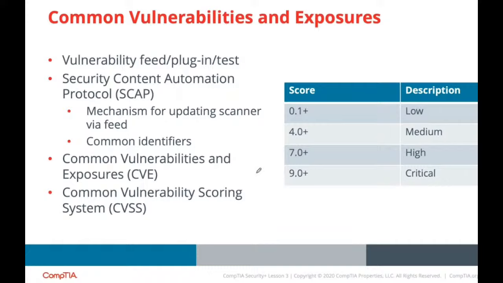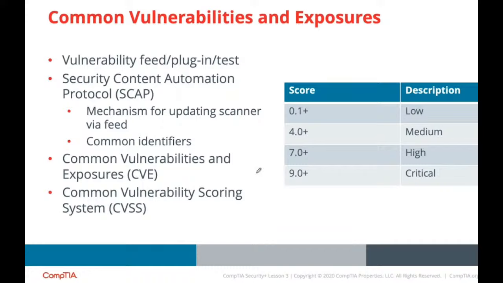Nessus refers to the feeds as plugins. OpenVAS refers to them as network vulnerability tests. Vulnerability feeds are an important part of scan vendors' commercial model, and the latest updates require a valid subscription to acquire them.